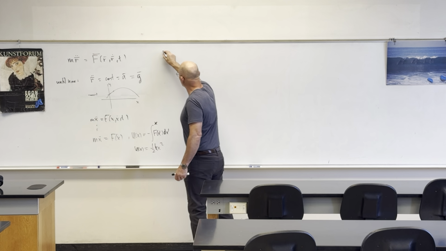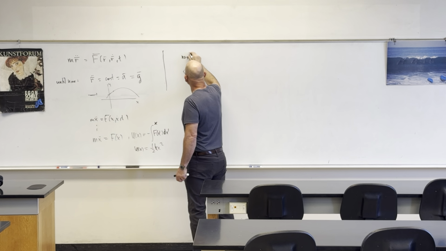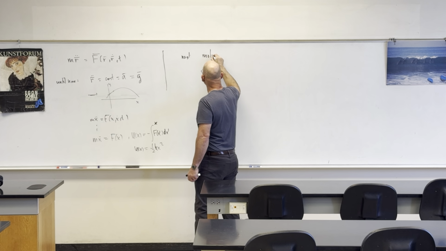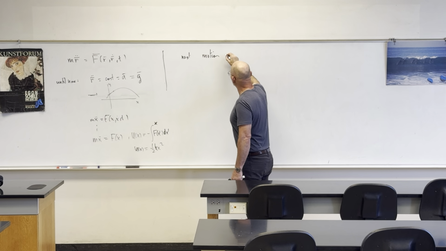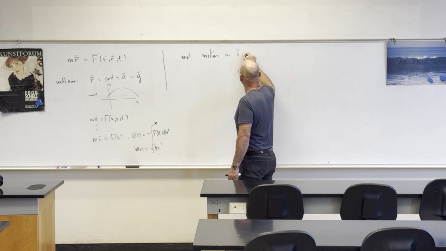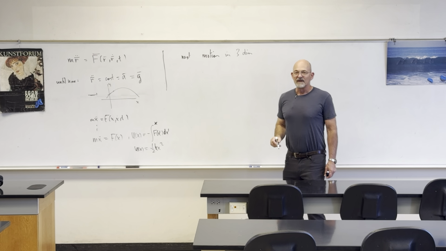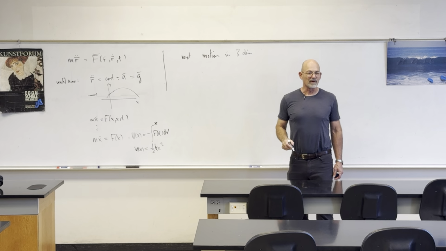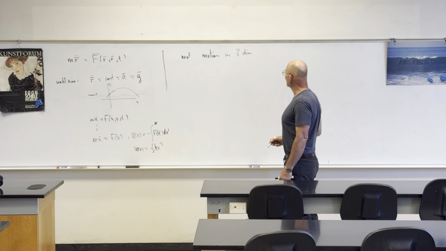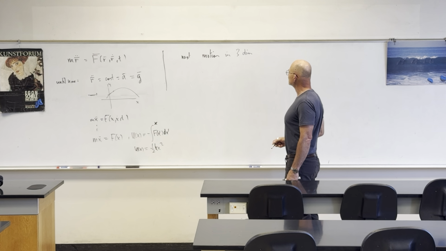So back into motion in 3 dimensions and pick up a couple more interesting problems. Culminating in the Kepler problem, okay, which will take a little while to get there.